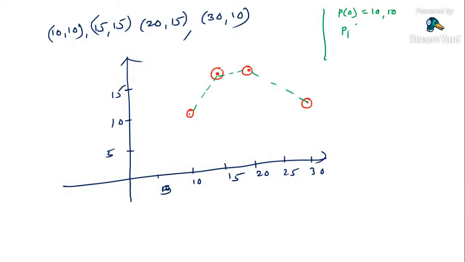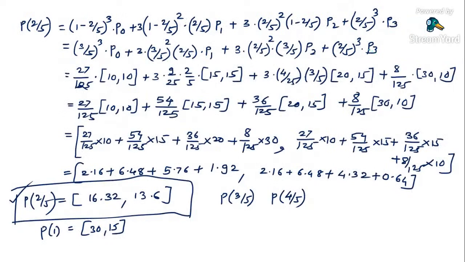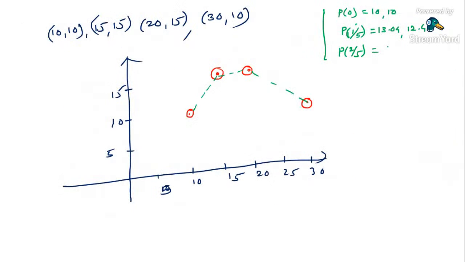P of 1 by 5 is equal to 13.04, 12.4. P of 2 by 5 we got 16.32, 13.6. Then P of 3 by 5, P of 4 by 5, and P of 1 is the last value, that is 30, 10. We have not calculated in between, but you have to calculate.